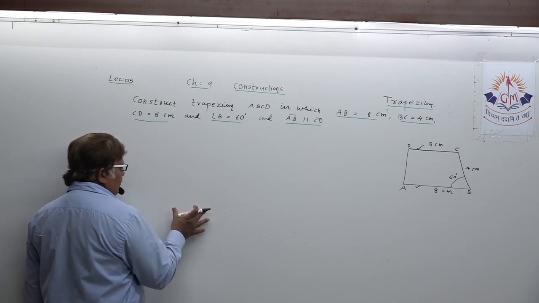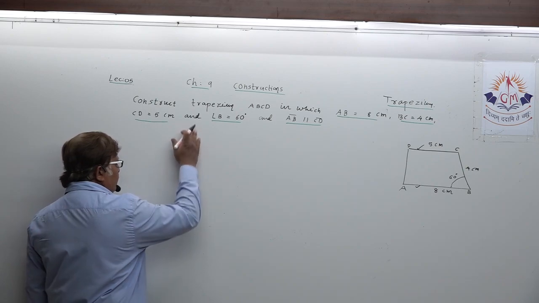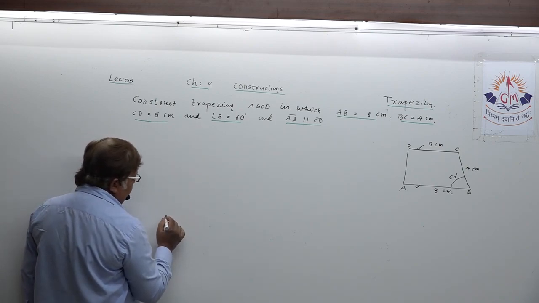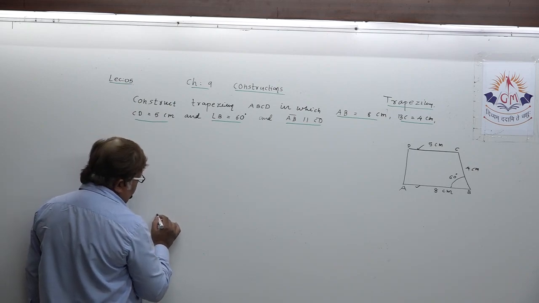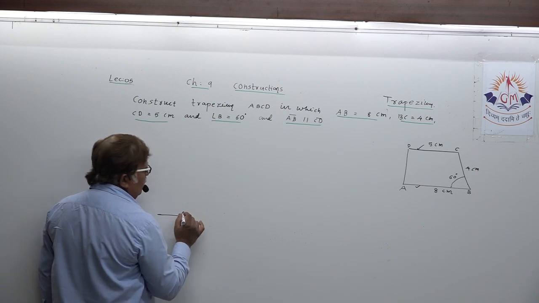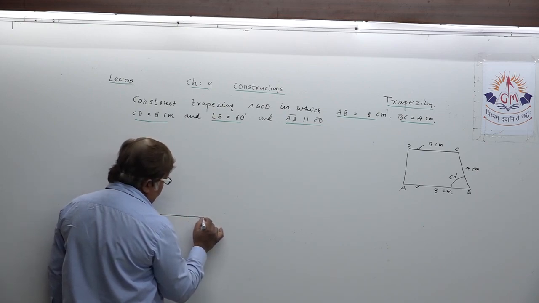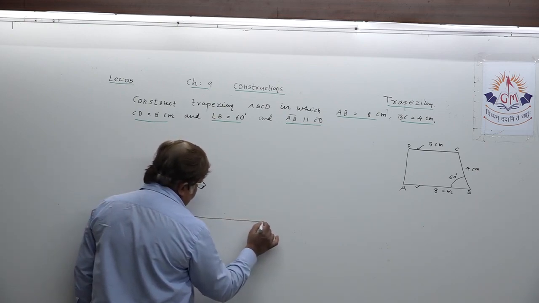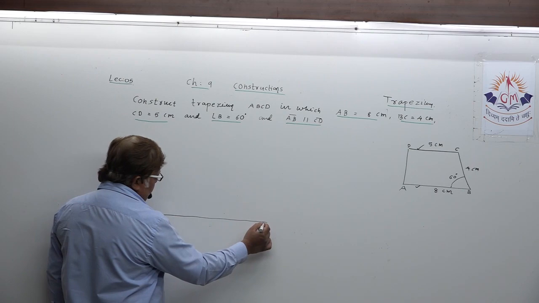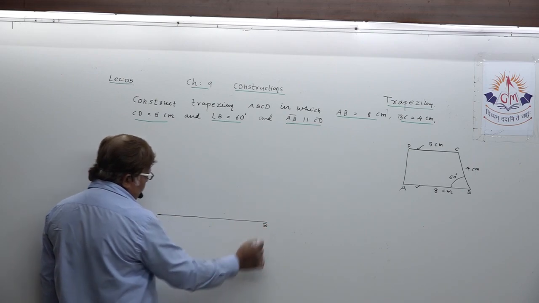If you are performing in notebook, keep some more space in the upper half, we will require it. So first AB of 8 centimeter.